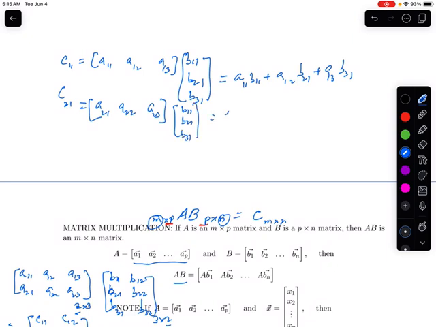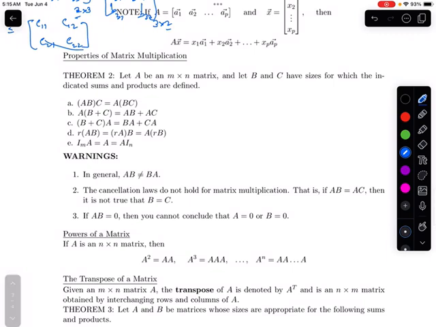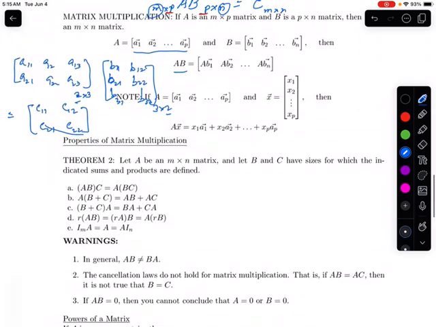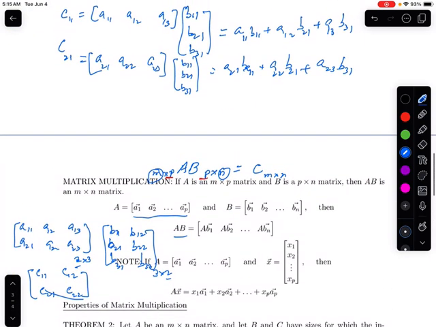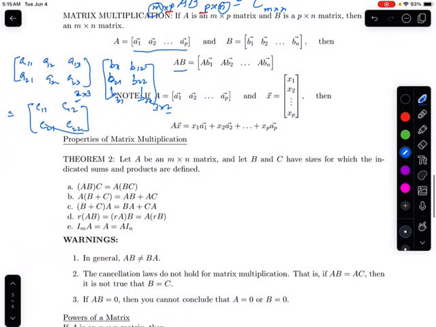Same way, now you have to do the dot product: A21 B11 plus A22 B21 plus A23 B31, and so on. So this is how you multiply matrices. Now, if we are multiplying a matrix by a single vector, then it will look like this. It is something that we have seen before as a vector equation.